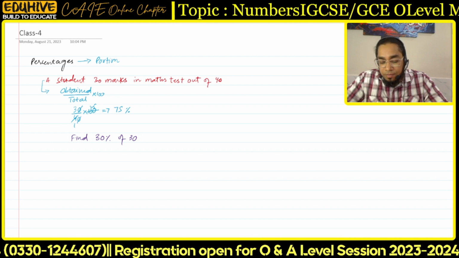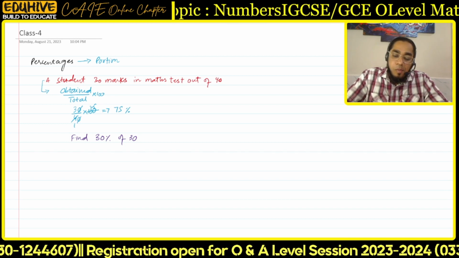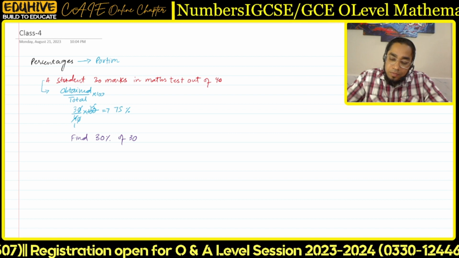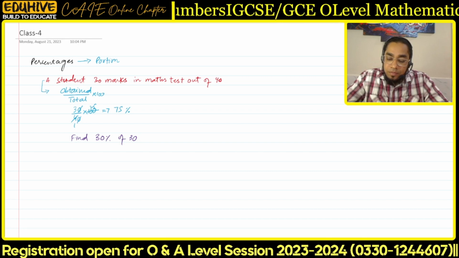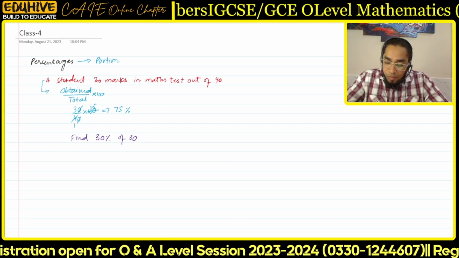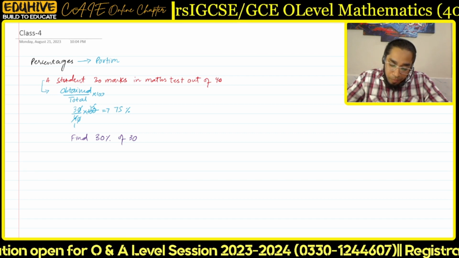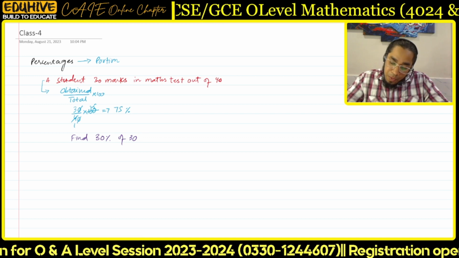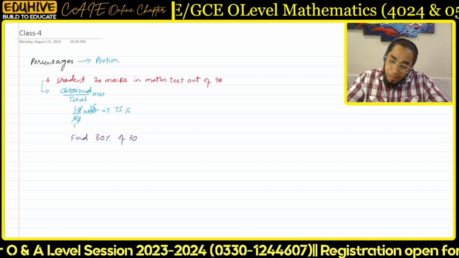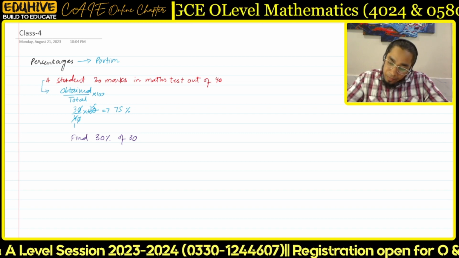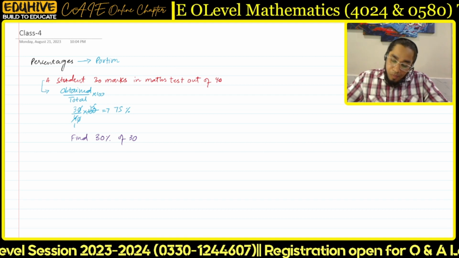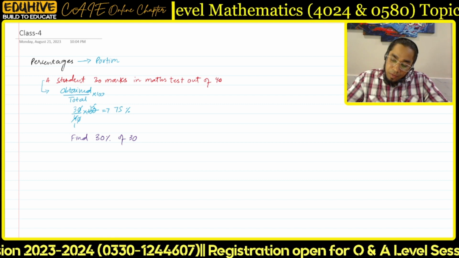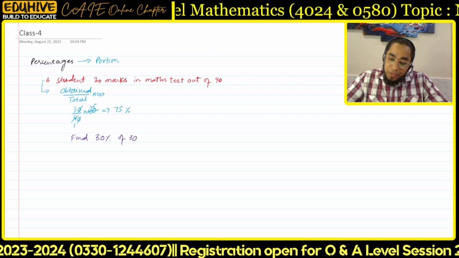So how are you going to find out that percentage? 30 upon 100 multiplied by 30.